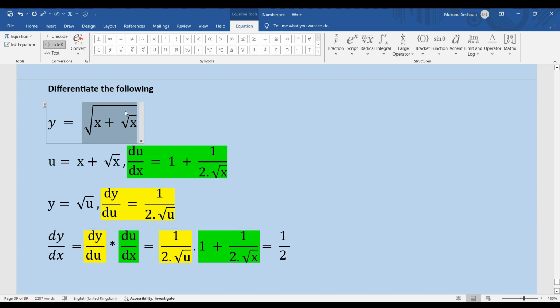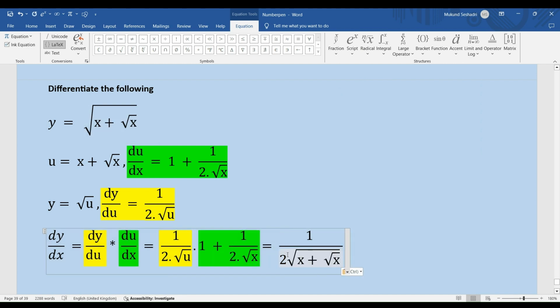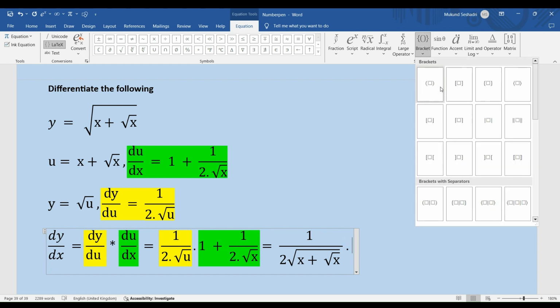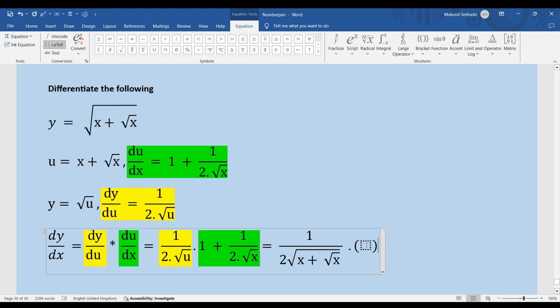So my square root of u is nothing but square root of x plus root x. And then I do an into, let me open my big bracket. When I open my big bracket, I have a 1 plus 1 by 2 root x.